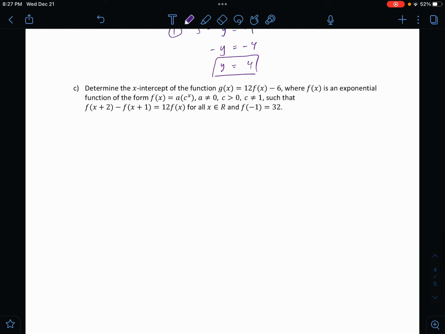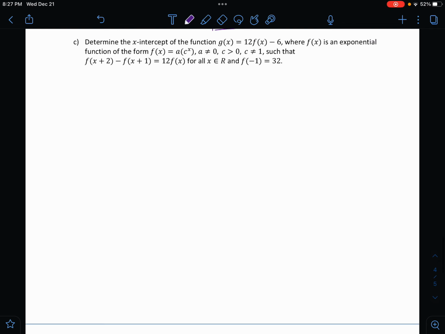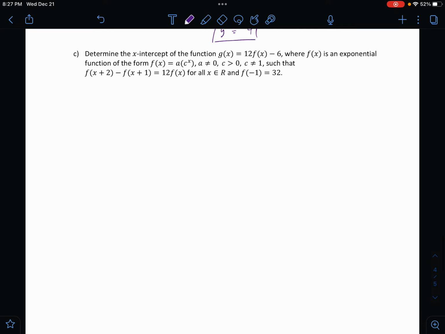So now let's look at this last thinking question. This comes from the Waterloo courseware site, so it could potentially be a math contest question.